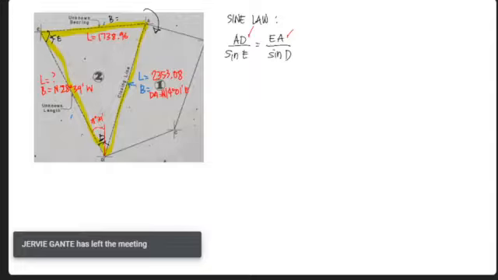So, EA is 1,738.96 over sine D. D is 42 degrees and 40 minutes. We could determine our angle E.